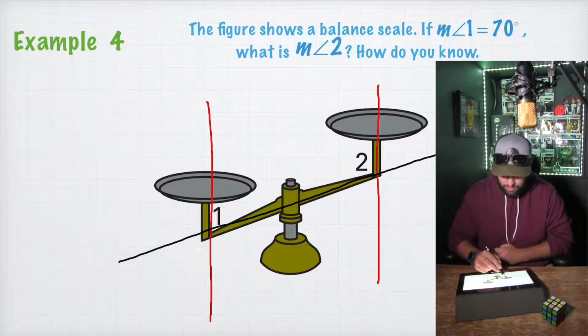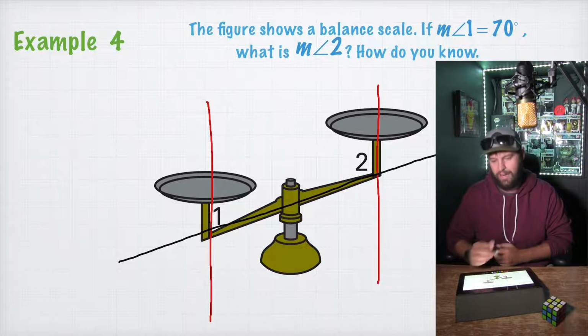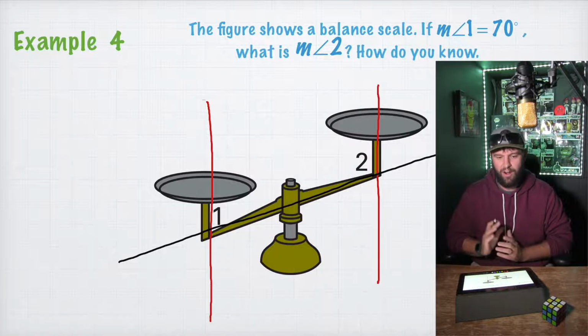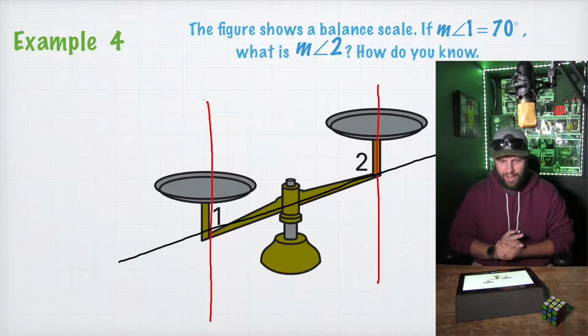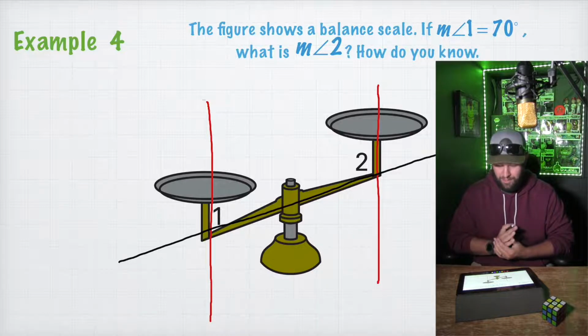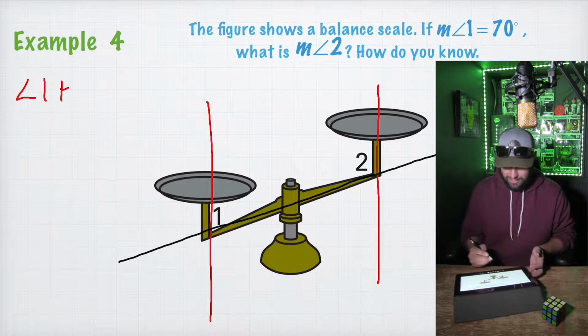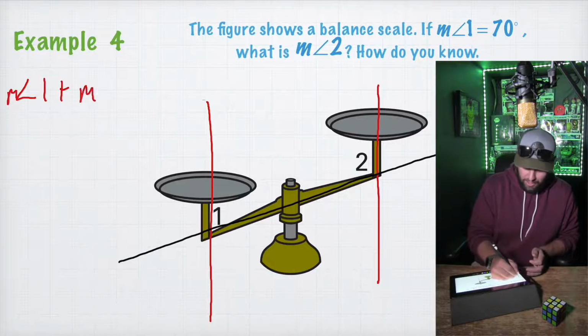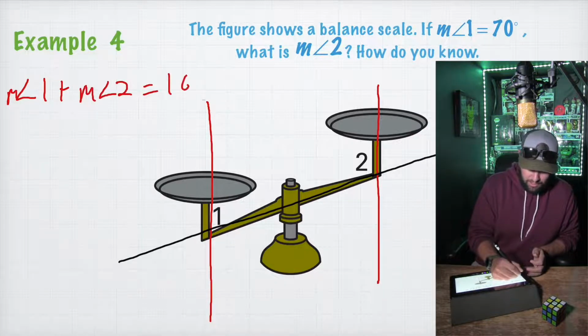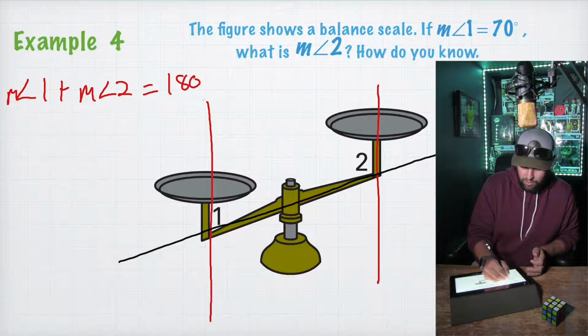Now, if we look at these two angles, what do we know about angle 1 and angle 2? They are consecutive interior angles, and we know that consecutive interior angles add up to 180 degrees, that they're supplementary. So the measure of angle 1 plus the measure of angle 2 equals 180.